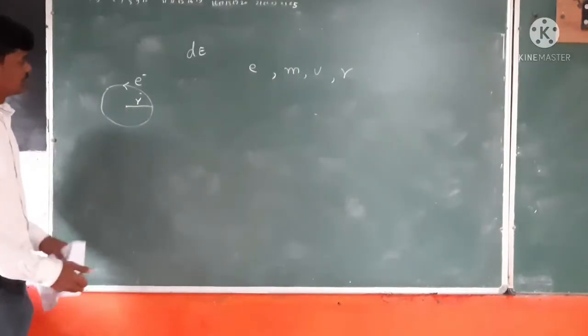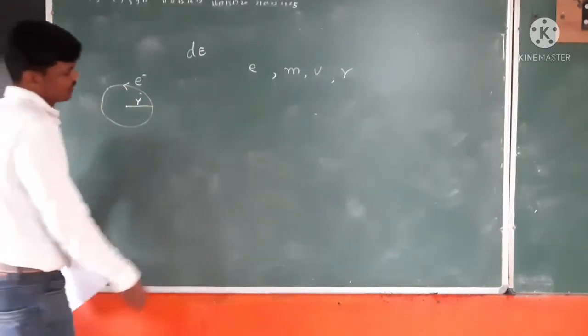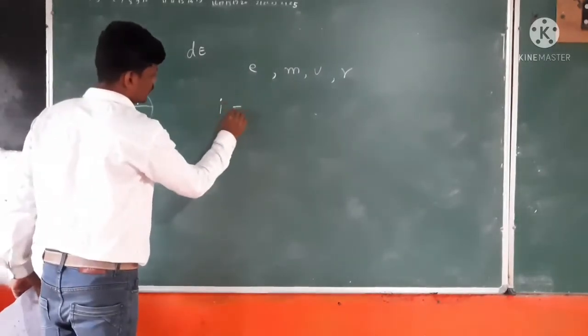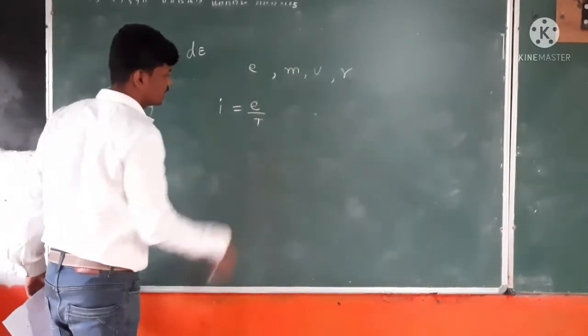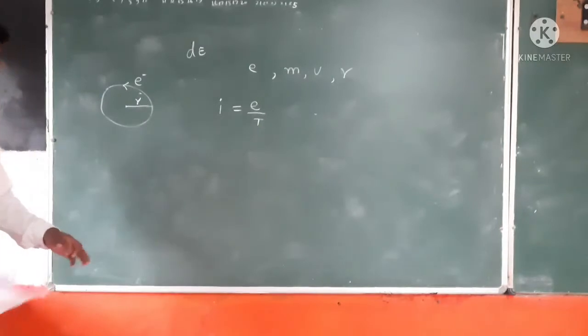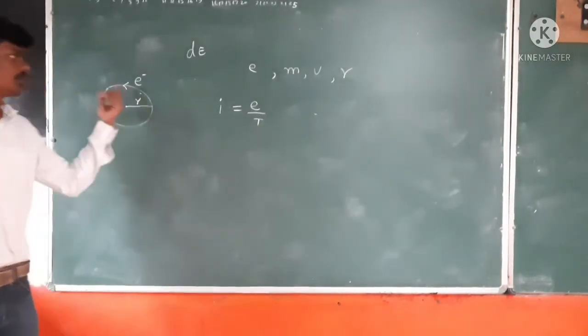Now, we know electron is revolving in this circularly closed orbit. We call this bound current. Let's say I. I can be given as E by T, where E is the charge of the electron, T is the time period for the electron to complete its revolution.